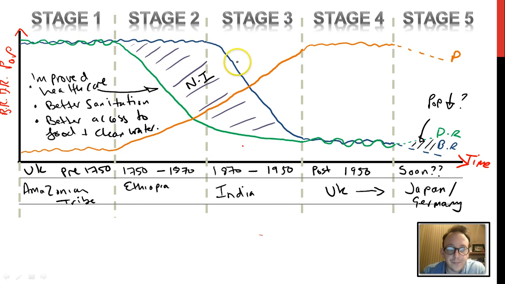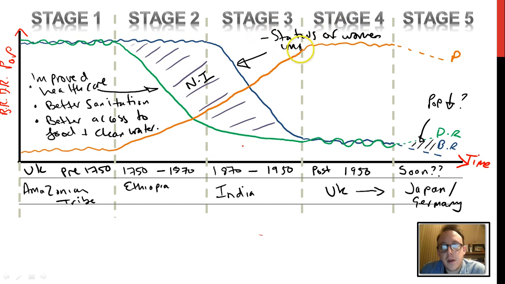And in stage 3, the decrease in birth rate is primarily down to certain things. It might be that the status of women is improved. By this I mean that in some of the less developed societies, a lot of women's rights are less than those of men, and they are seen more as the home-based person, somebody who brings up the children.